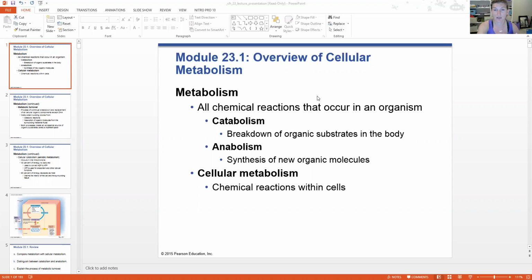So you have catabolism and anabolism, however you like to put the emphasis. Cellular metabolism is the specific reactions that are within our cells. So we're going to get into overall body metabolism as well as cellular metabolism in this chapter.